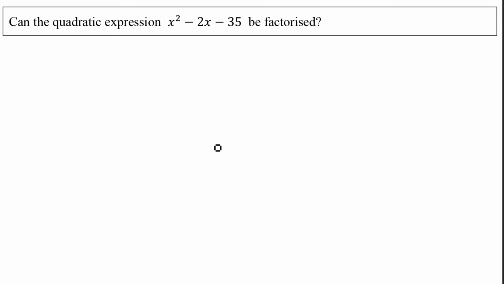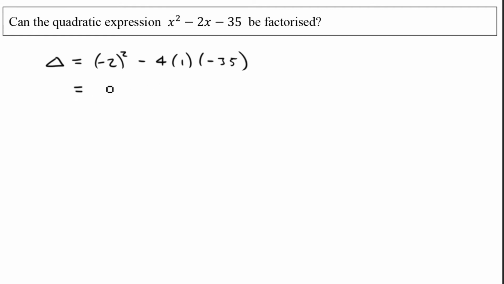Can the quadratic expression x squared subtract 2x subtract 35 be factorised? Although this is not actually part of a full equation, we can still use the same ideas. The discriminant in this case is b squared, negative 2 squared, subtract 4 times a, which is 1, times c, which is negative 35.